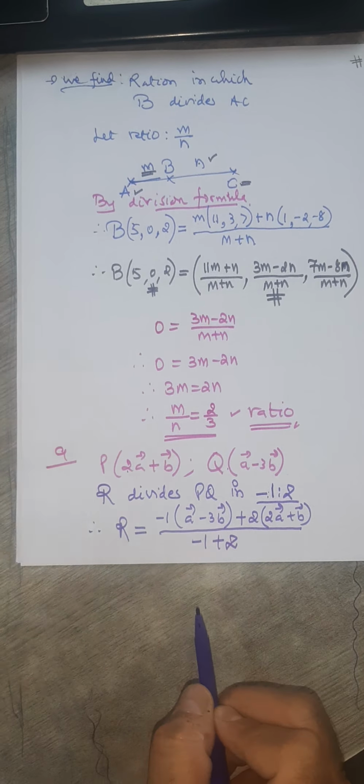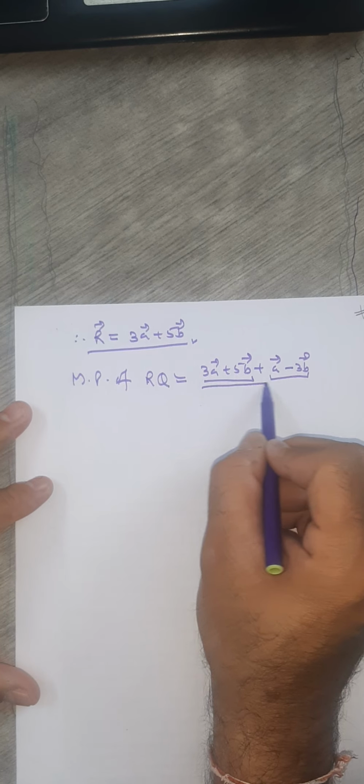Fine, that's one thing. Secondly, what are you also asked here? P is the midpoint of line segment RQ. So midpoint of RQ: position vector of R, you know the formula, plus position vector of Q. What's the position vector of Q? Vector A minus 3B, upon 2.